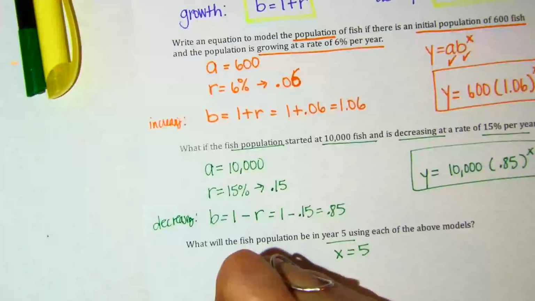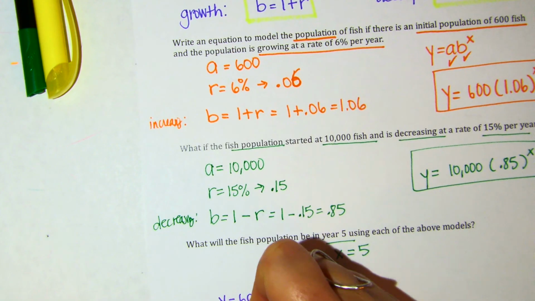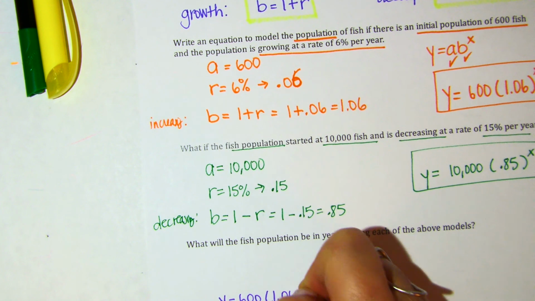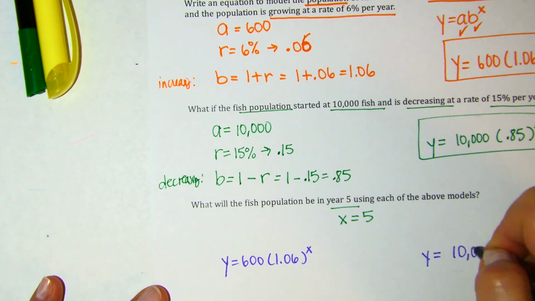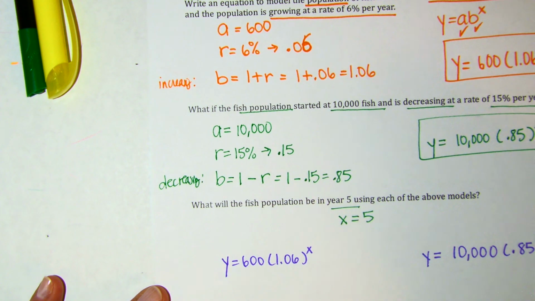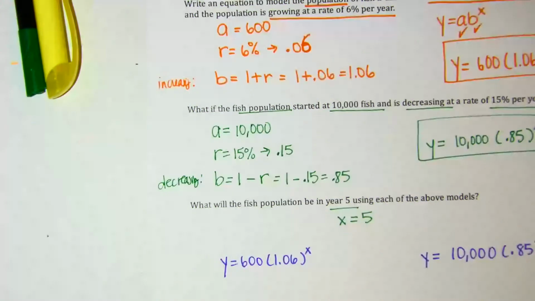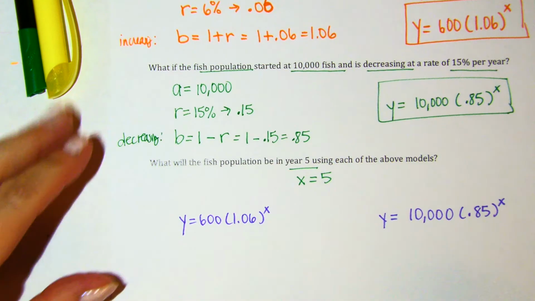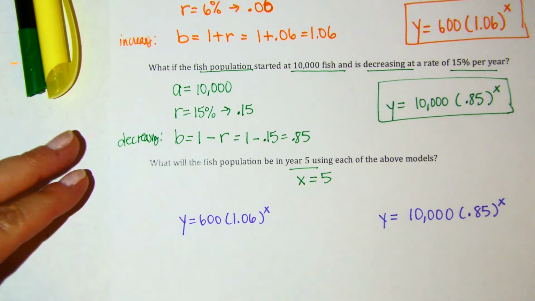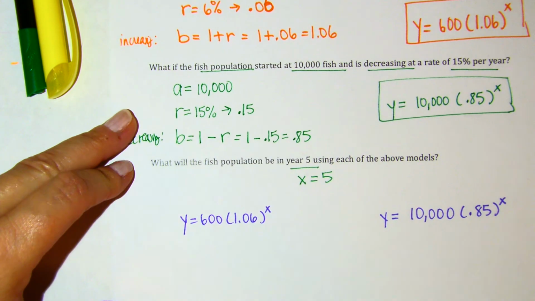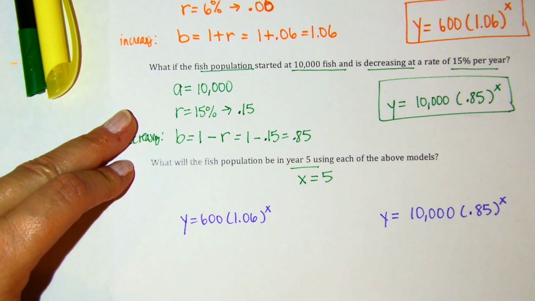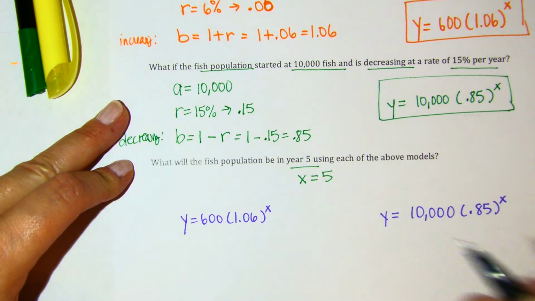So I'm going to take my first model, and that's what people were doing with COVID and all kinds of populations, and talking about global warming and the landfill, how much space is going to be in the landfill, and your carbon footprint. When you put something in the landfill, how long does it take to decay? There's all kinds of equations that model it, and they use that to make predictions. That's what we're doing here. We're making a prediction: in 5 years, what's going to be the population?